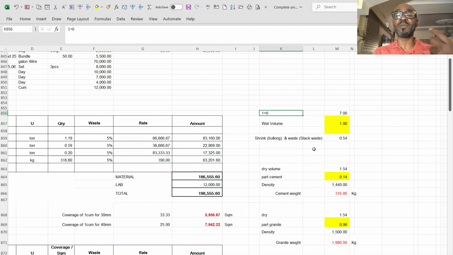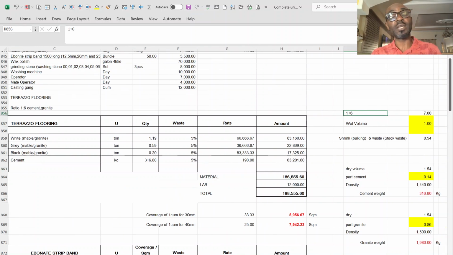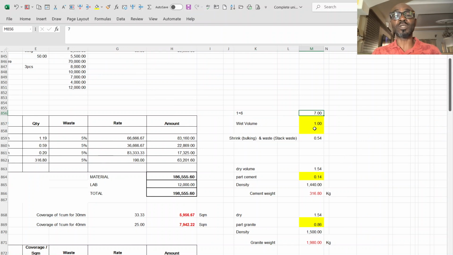But if you're just watching for the first time, let me quickly give a brief illustration on this. For you to get your materials for concrete for this grade of mix, you add the 1 plus 6, which is the ratio 1:6. Then your total volume of material is 7.